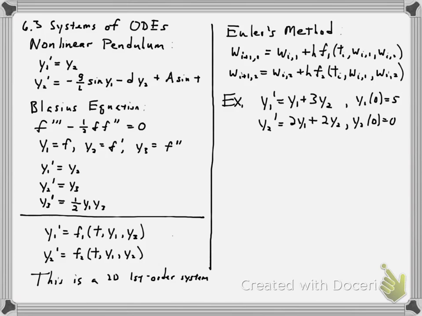So what we're going to do is we're going to do two steps of Euler's method. So we're going to approximate y1 of 0.5 and y2 of 0.5.